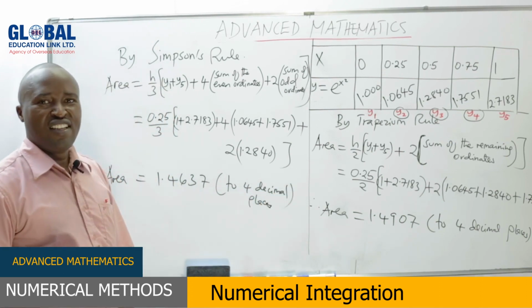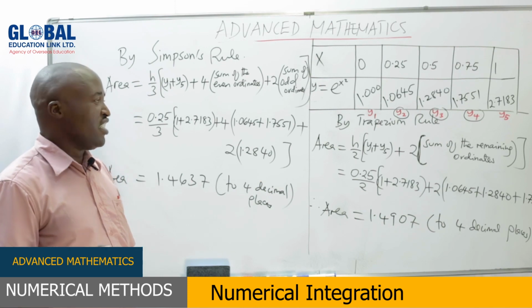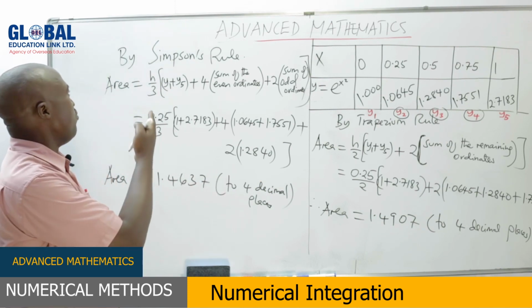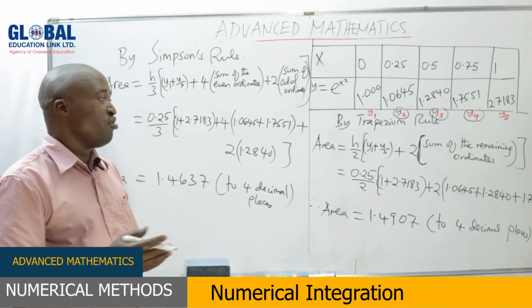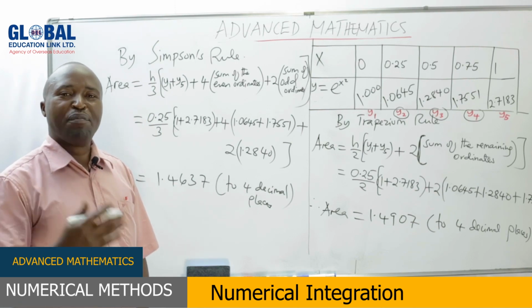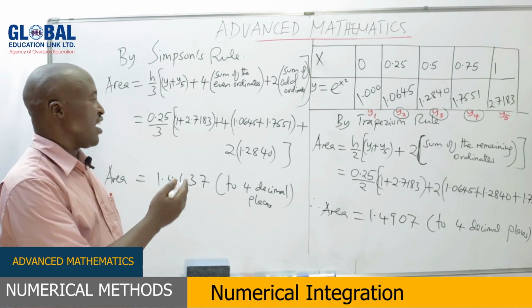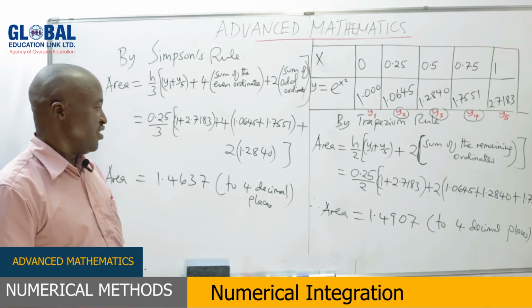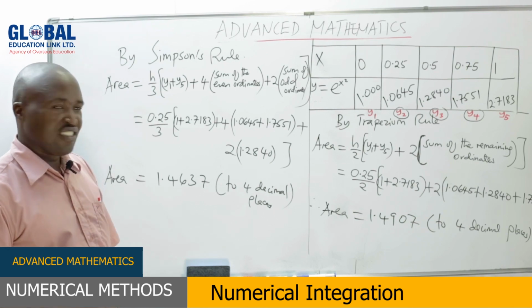So my dear students, you have seen how trapezium rule differs from Simpson's rule, but all of them are making approximation of finding the area of the given curve. And of course you can see the answers.